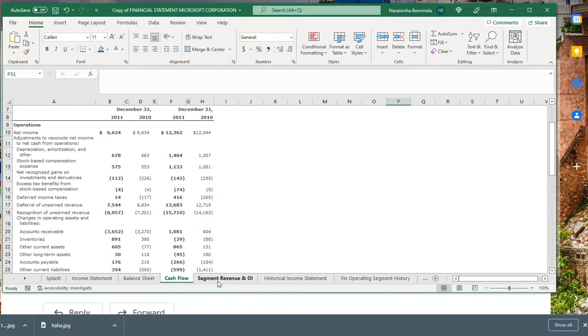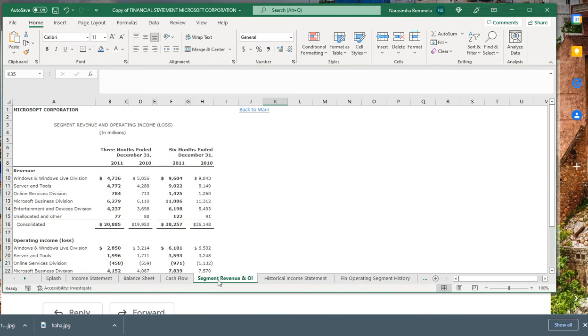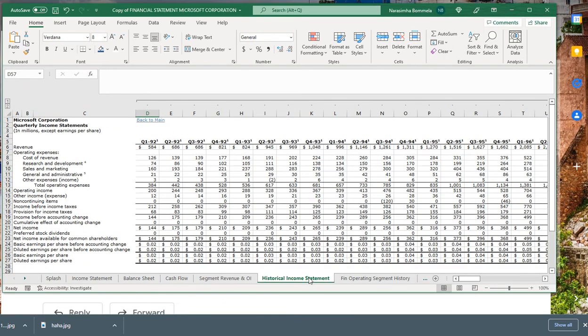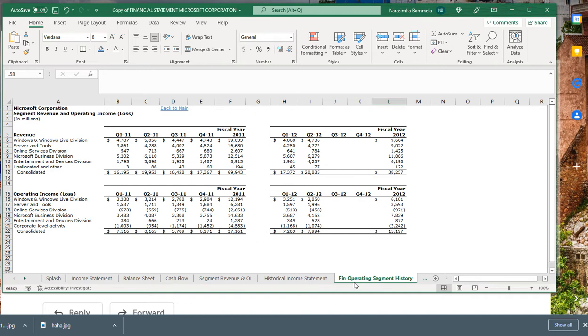Then cash flow. Next, you will have segment-wise revenue and OI, operating income. Then you can see historical income, which clearly shows quarter by quarter performance of the organization, based on which you can make some kind of interpretation and perceptions regarding the organization's performance. Then you have operating segment-wise operating history.